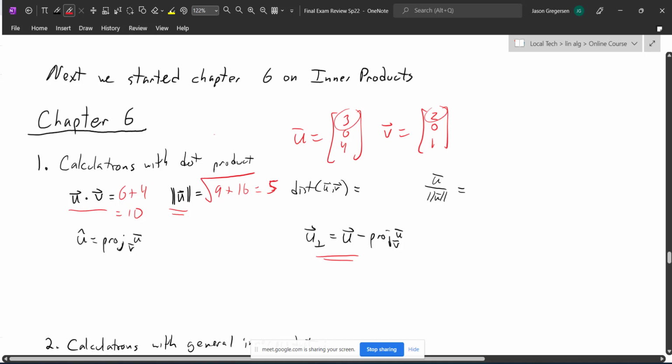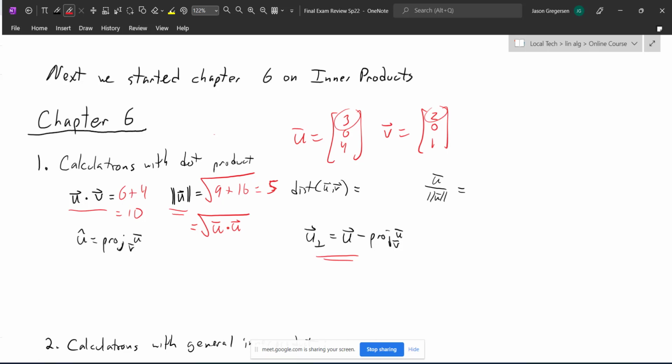That said, in this course, it's really important to understand this calculation could also be thought of as the square root of u dotted with itself. The idea being here we can define length in terms of the dot product, which means when we generalize dot product to inner product in more abstract spaces, we can talk about the length abstractly in terms of the inner product as well.